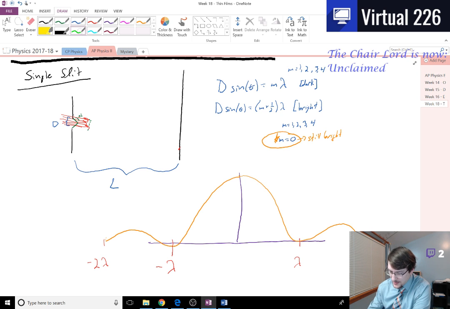Which means that at these points right here, this is like negative 3/2 wavelength difference, and this is a positive 3/2 wavelength difference. But at the half wavelength point and at the negative half wavelength point, you don't have a bright fringe, you don't have a bright peak. You're still within the central maxima.